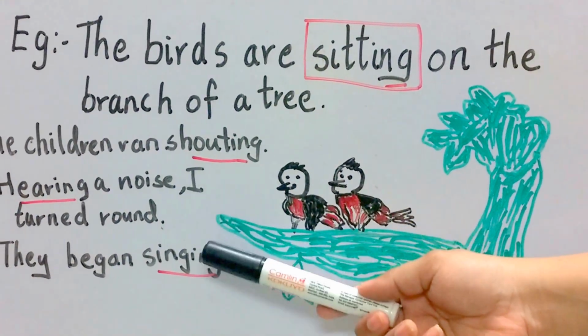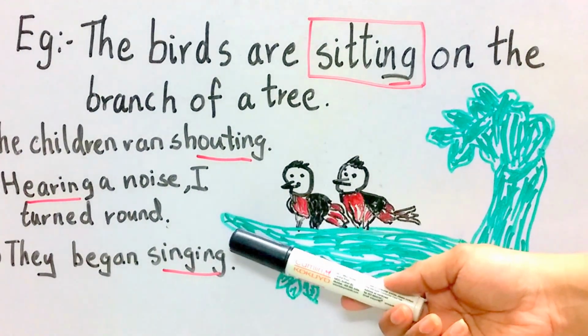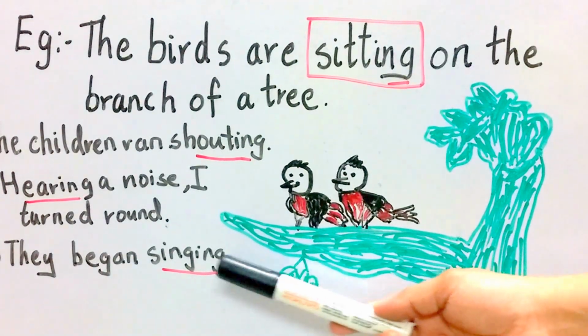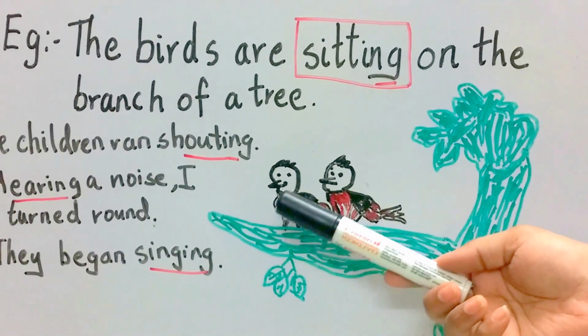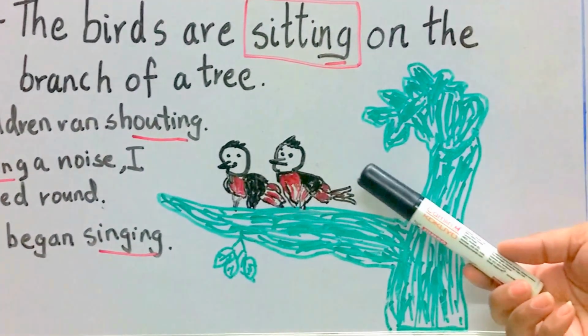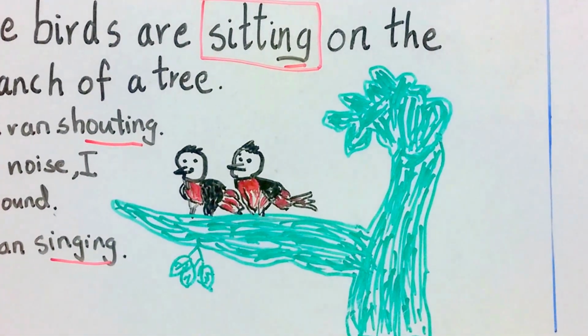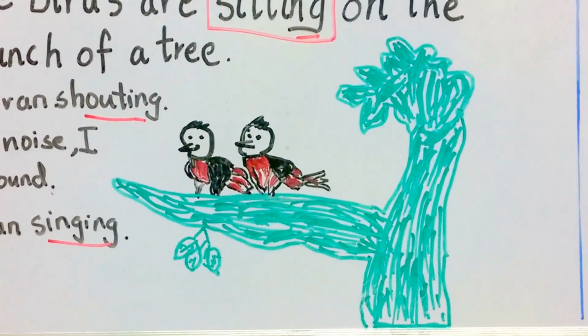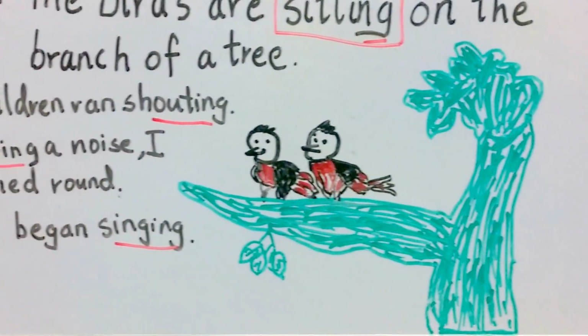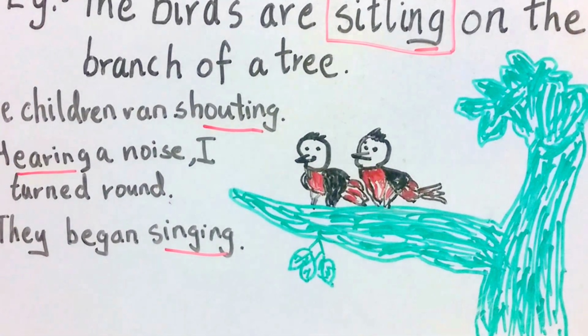We also see the ing form is often used after many verbs. We can see the verb began: they began singing. You can see the bird singing. Or we can also use the ing form after many verbs such as advise, avoid, begin, consider, continue, deny, dislike, enjoy, fancy.